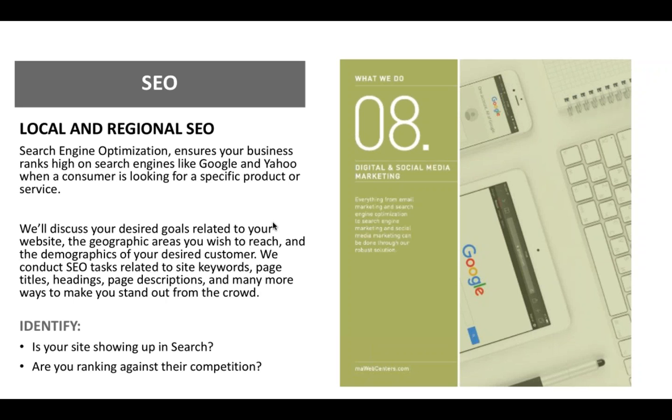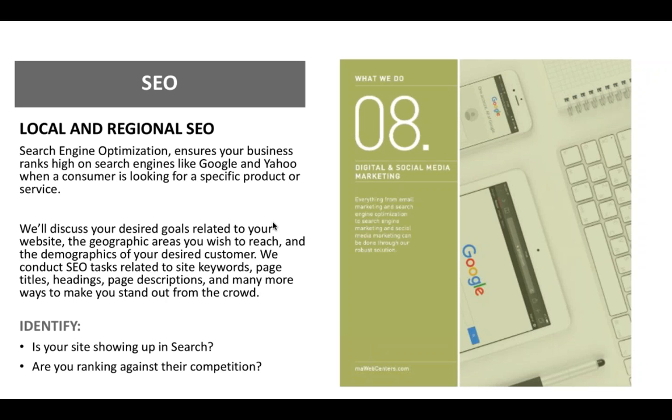There are a number of things that go into what determines who shows up first or on that first page of organic results. It's everything, most importantly, from your content to any social media sites that you're connected with. So if you've got a business Facebook, Twitter, LinkedIn, or YouTube channel or blog or any outside social networking sites that you're a part of, that will help your SEO value.